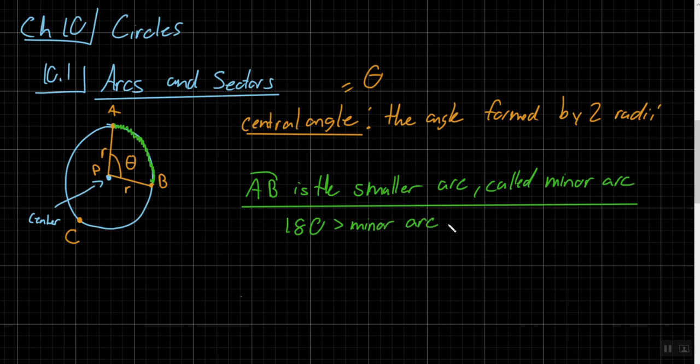Why 180 degrees? What is 180 degrees? If I do a straight line across my circle, I just made two semicircles. So it's smaller than a semicircle, or 180 degrees.